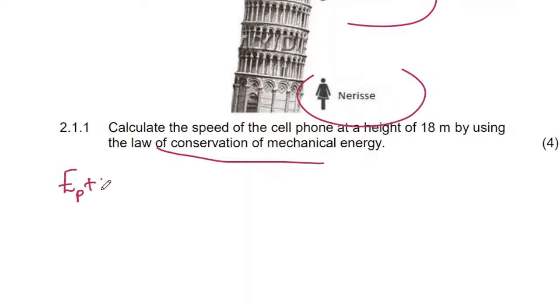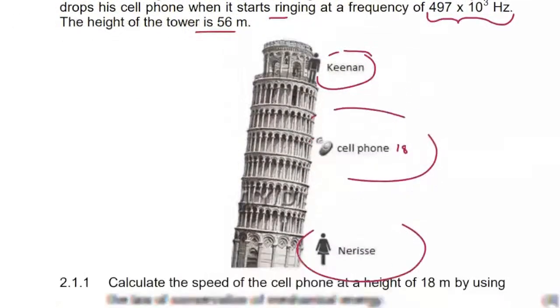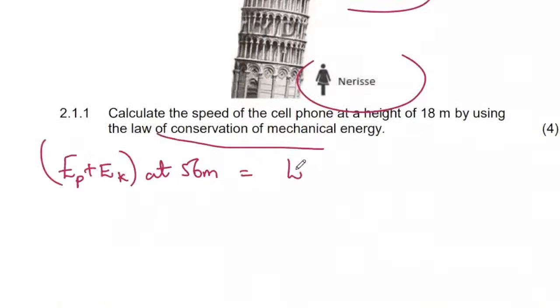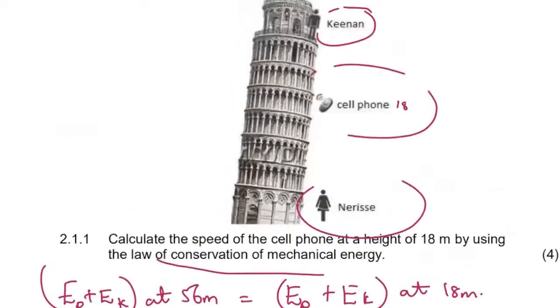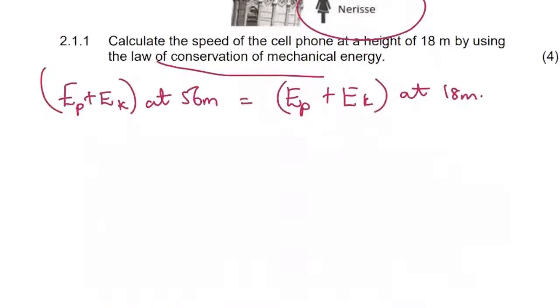Okay, so what we shall say is EP plus EK at 56 meters. The energy at that height of 56 must be the same as the energy at the height of 18 meters. So the EP plus the EK at 18 meters. Now, one thing we know is that at 56 meters, when this person is holding the cell phone, the cell phone has no velocity at all.